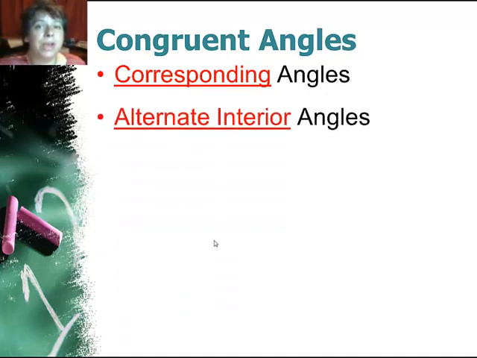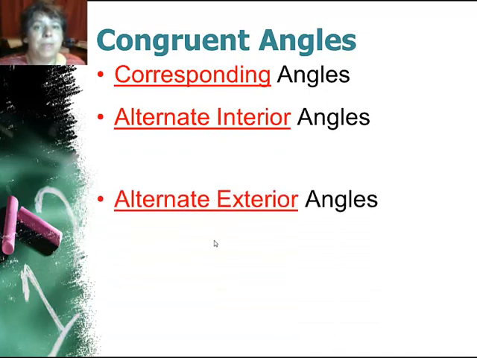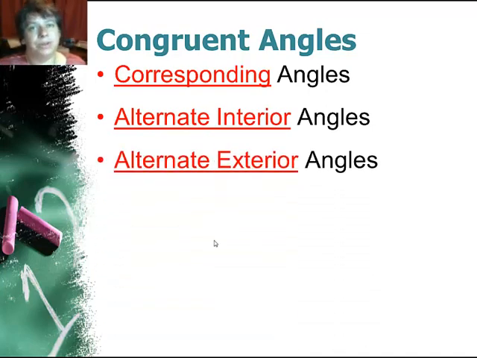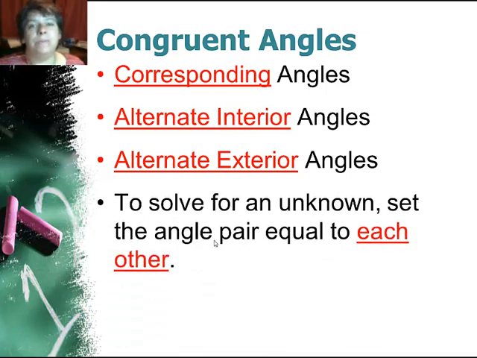Alternate interior angles are always congruent, and so are alternate exterior angles. So those three sets will always be equal, and when we run into a pair of these angles, we will set them equal to each other and solve for the unknown. So you'll say measure of angle A equals measure of angle B.